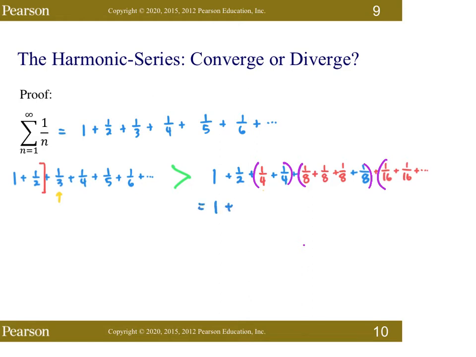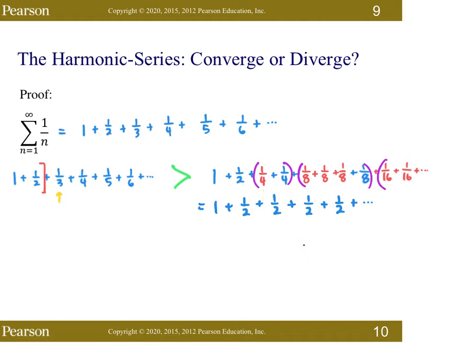So I'll have 1 plus a half, and then the two 1/4 grouped together make a half. And the four 1/8 together make a half. And there are going to be eight 1/16, and they group together to make a half. And all of the similar powers of 2 that group together will all make a half.